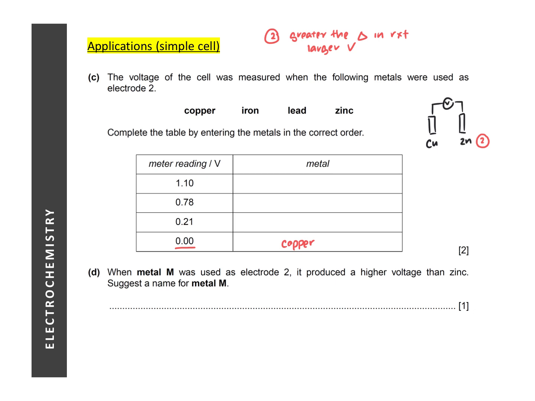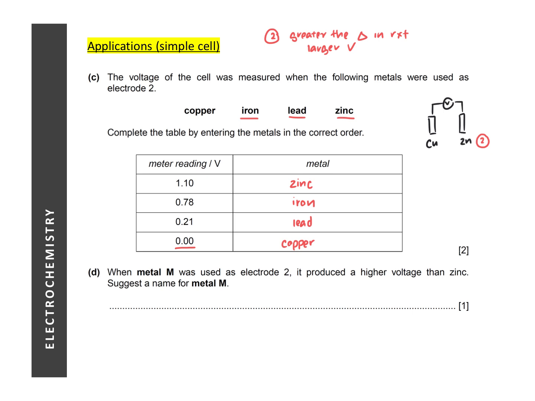Next, we need to look at the three remaining metals, and based on concept number 2 that we have just revised, the largest voltage of 1.10 must be achieved with the most reactive metal amongst the three, and the most reactive metal would be your zinc. 0.78 is the second largest, that would be iron, and then 0.21 would be lead.